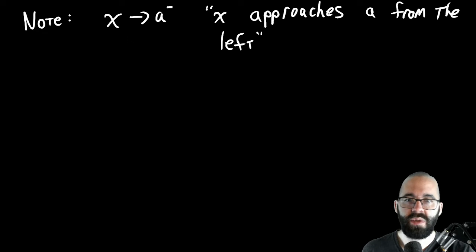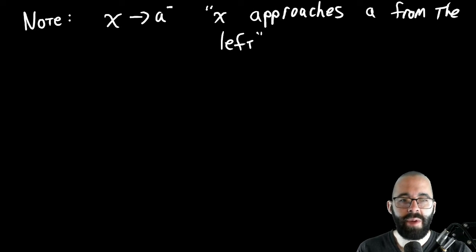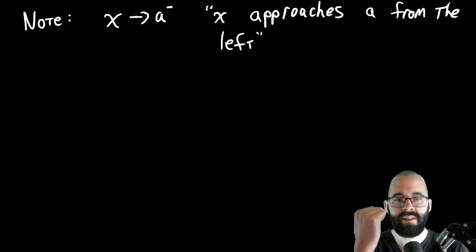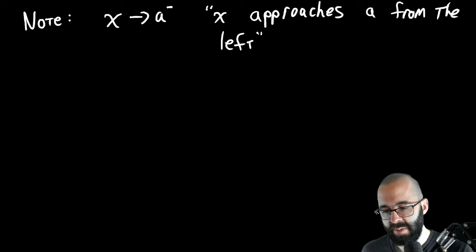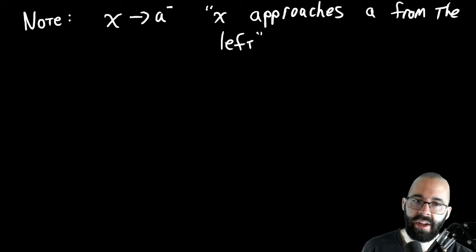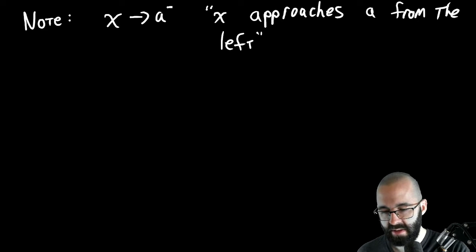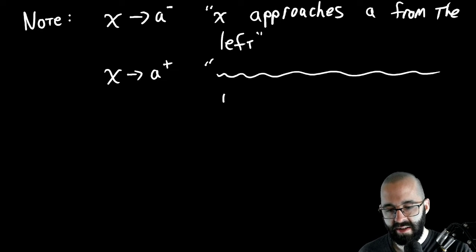And you can remember which one's which by thinking about a number line, right? On a number line, the negatives are on the left, the positives are on the right. It's the same thing here. We're approaching from the negatives, from the left. And similarly, x approaches a with a positive superscript means x approaches a from the right.